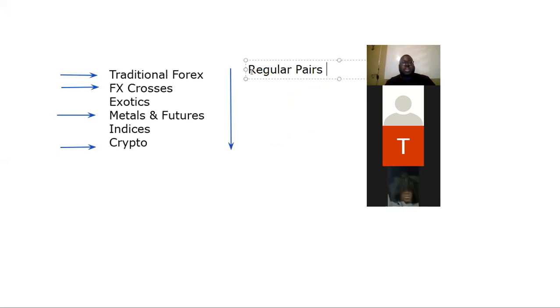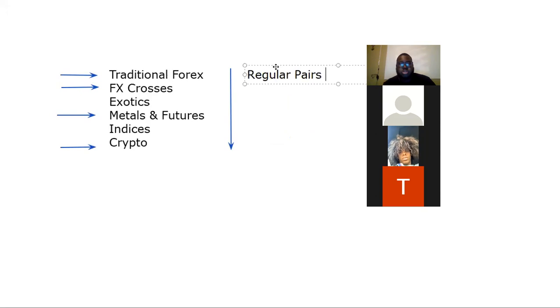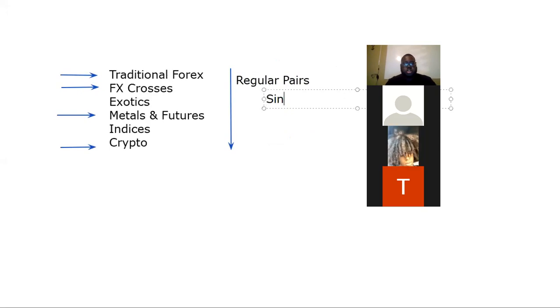FX crosses are regular pairs too. I'll lump that in too. I'll put that right in the middle. Exotics, I already showed you. Singular currency pairs like Hong Kong. You know, Hong Kong is a city.